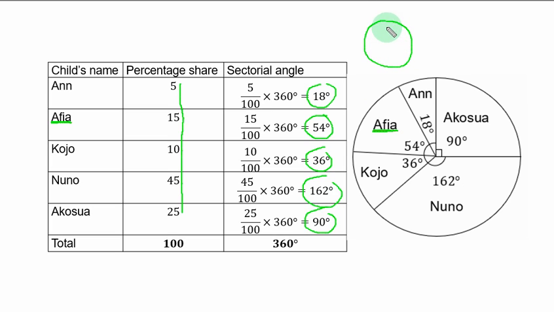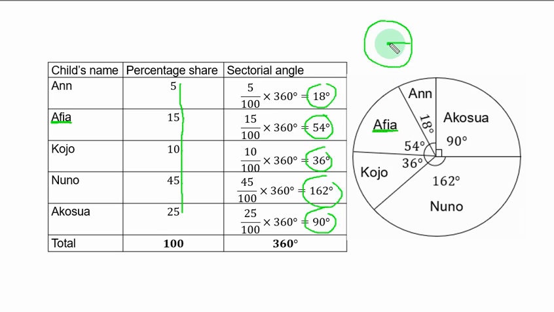To draw the pie chart accurately, use a pair of compasses to draw the circle so that the pointer will mark the center of the circle accurately for you. Then you put your ruler at the center and draw a radius to the circumference. Because one of the angles is 90 degrees, let's start with it. You put your protractor at the center and adjust it very well.